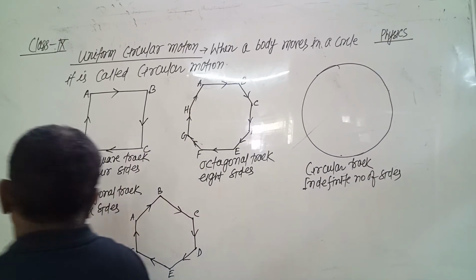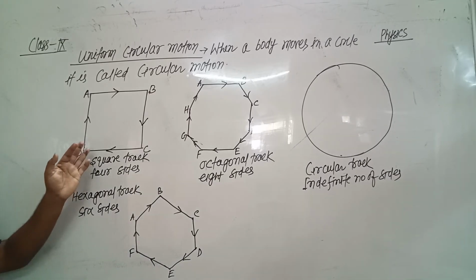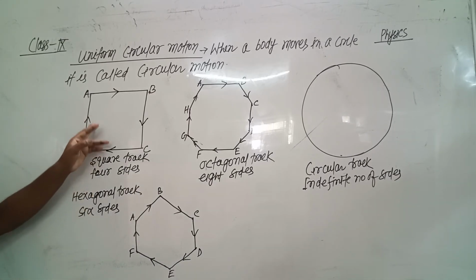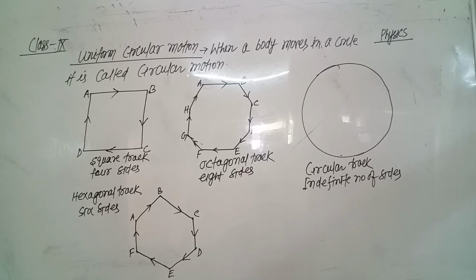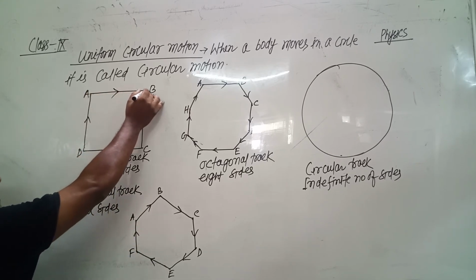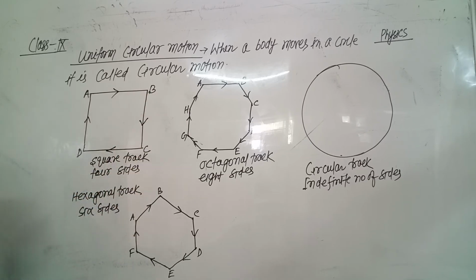So the first was the square track and it had 4 sides. Next was the hexagonal track, with 6 sides. Third was the octagonal track, with 8 sides. And the last one is the circular track, which has an indefinite number of sides. So in this motion, a body changes the direction of motion 4 times.